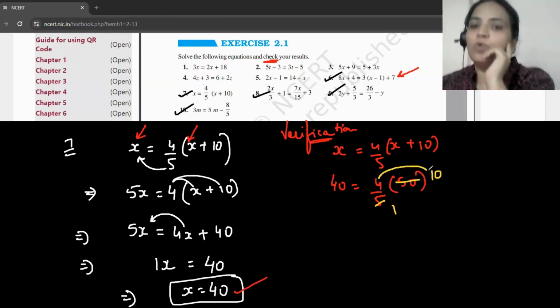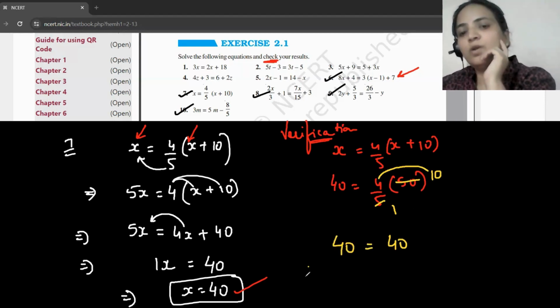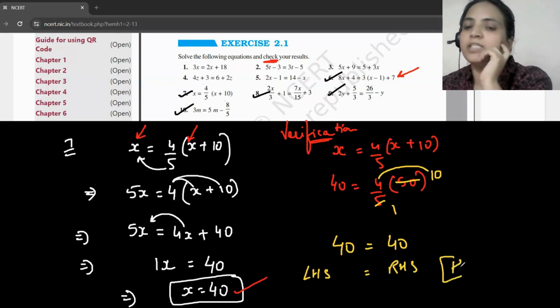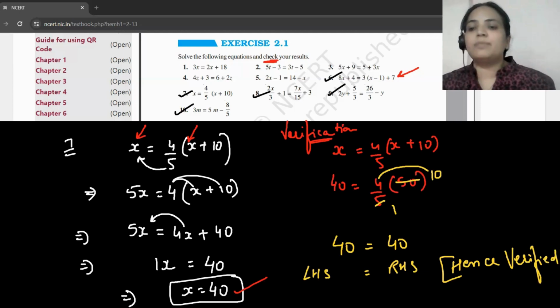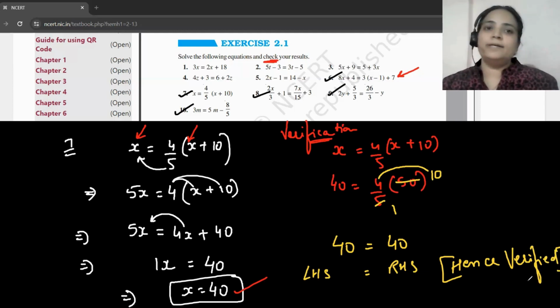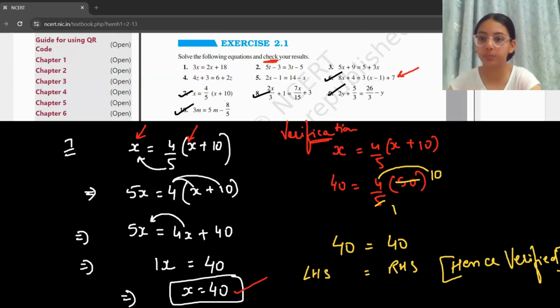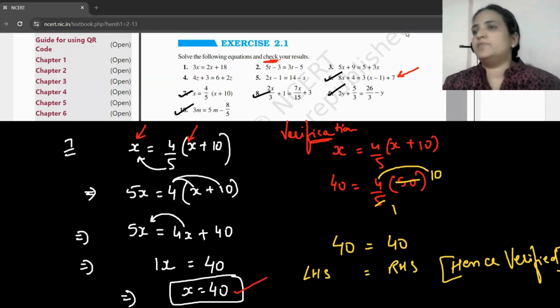And now this 4 times 10 will be 40. Left hand side is already 40. You'll write left hand side equals to right hand side. And in brackets you'll write hence verified. If you get this left hand side equals to right hand side, then only your answer is verified. Iska matlab you got your solution correct. Is this clear or not? Yes, ma'am. So with every part, you have to do the verification as well.